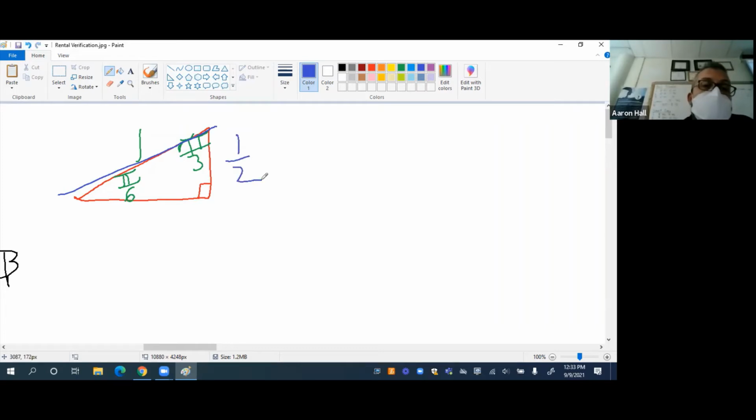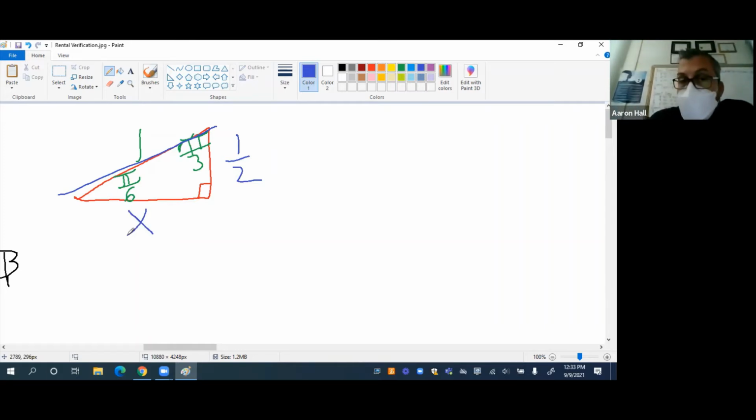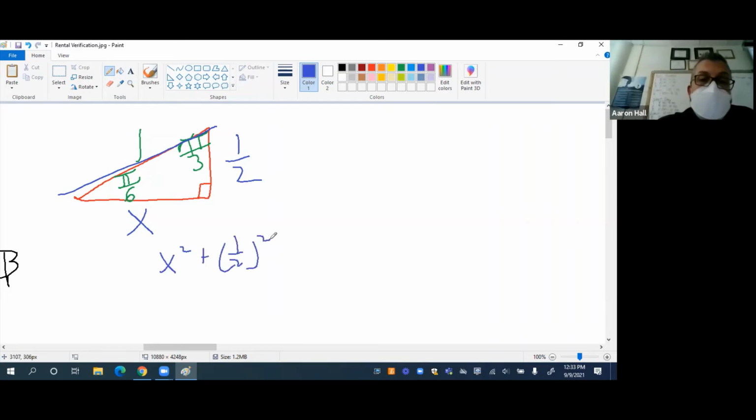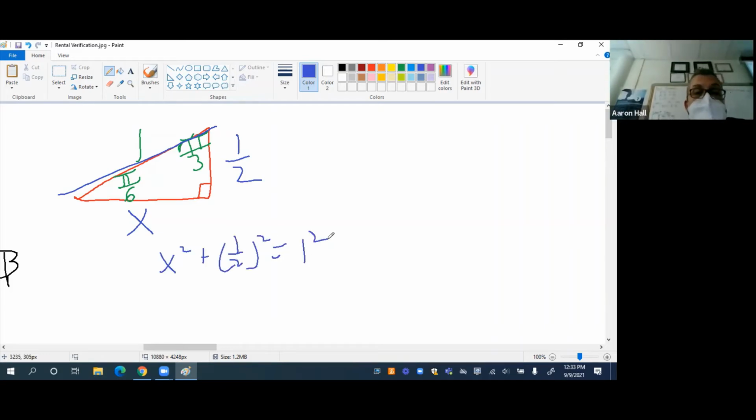Now I want to figure out this length over here. And so I'm going to use the Pythagorean theorem again. So a squared plus b squared equals c squared. I have x squared plus 1/2 squared equals 1 squared. Did I do that right? Yes. And then we have x squared plus 1/2 squared, which is 1/4, equals 1.